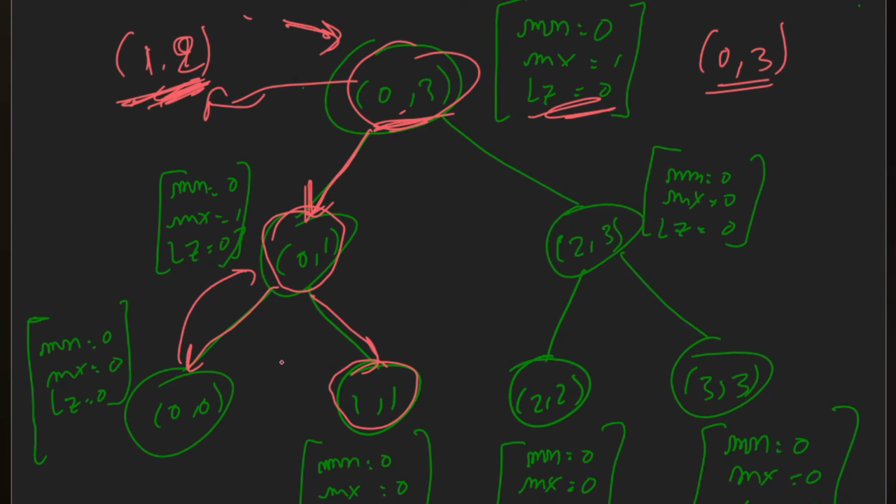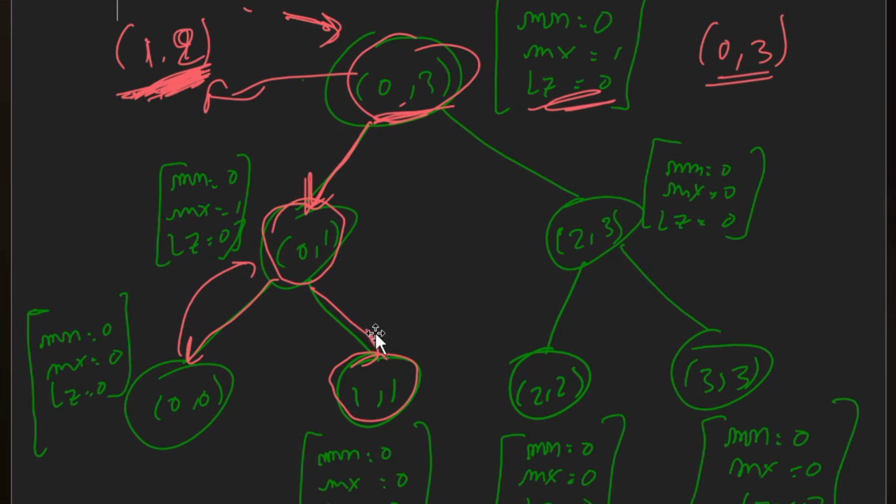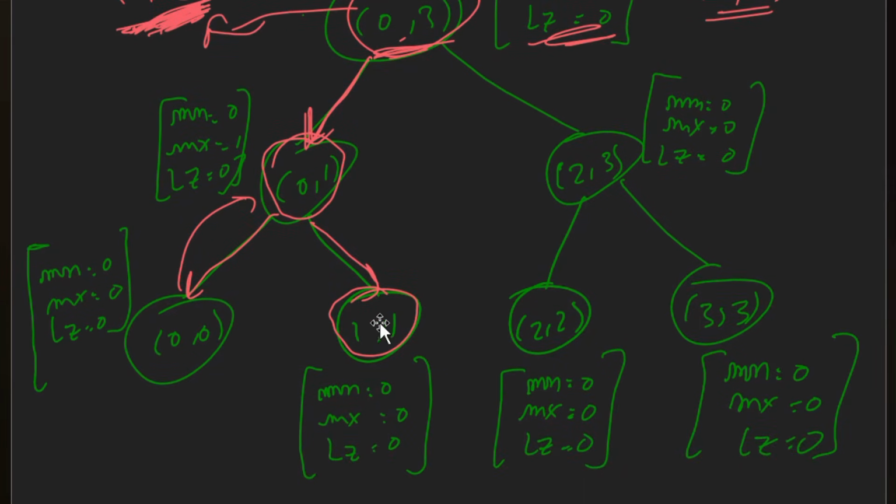If you see, 1 comma 1 exactly lies inside this range 1 comma 2. So it will update the minimum and maximum value of this. Our current value is minus 1 because the number is even.